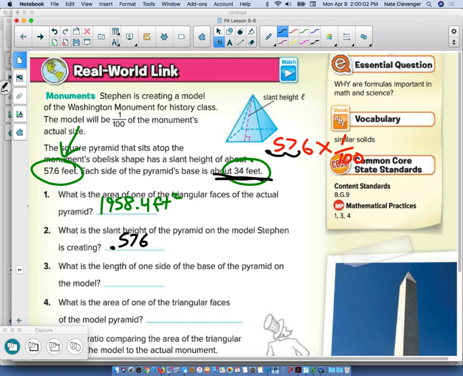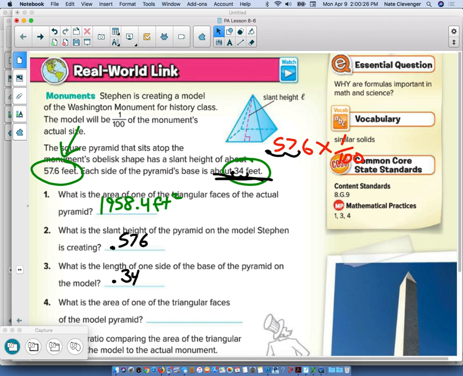Okay, multiply by 1 over 100 or divide it by 100. If we divide 34 by 100, the decimal moves 2 places to the left, making this a value of 0.34. Okay, so that's your slant height and your base length.